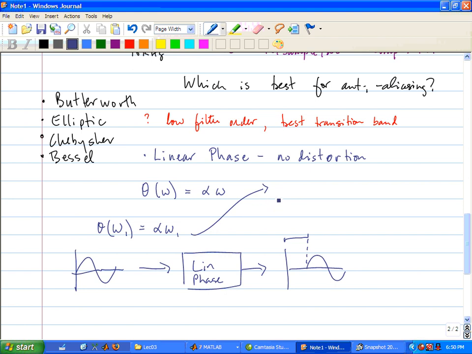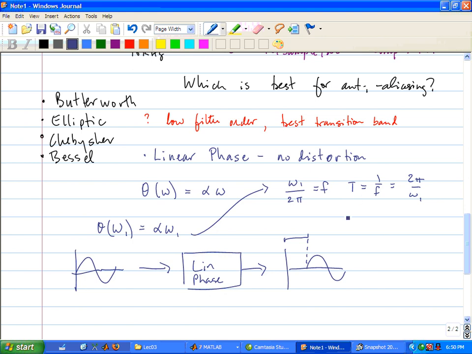We're at a frequency of omega 1, so in hertz, that's omega 1 over 2 pi. The period is 1 over the frequency, which is 2 pi over omega 1. So one whole period is that amount of time, 2 pi over omega 1.